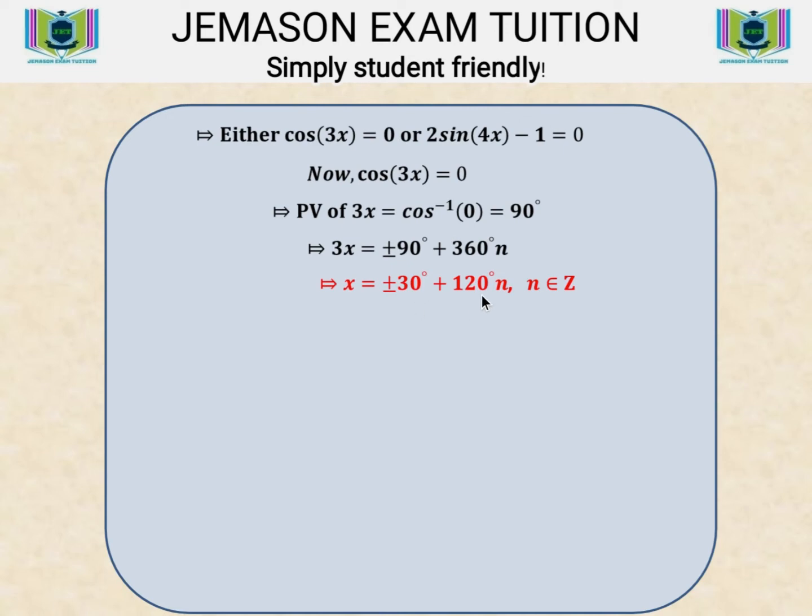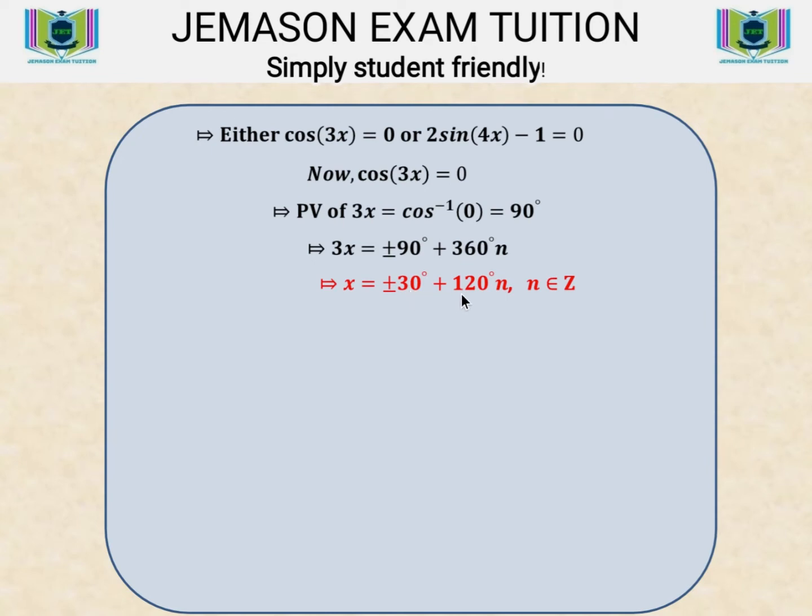If, for instance, n equals 0, we have 120 times 0, which is 0, and x is either 30 degrees or negative 30 degrees. If you substitute any of those values in the equation, you would see that it satisfies the equation.